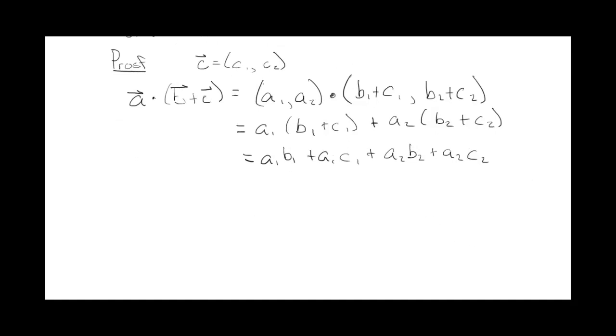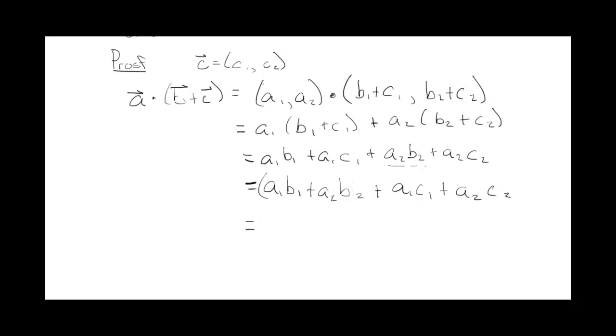Alright, and now if I just rearrange here, take A1, B1, leave that here, but now I'm going to write this one next, A2, B2, plus, and I'll write A1, C1, and A2, C2.